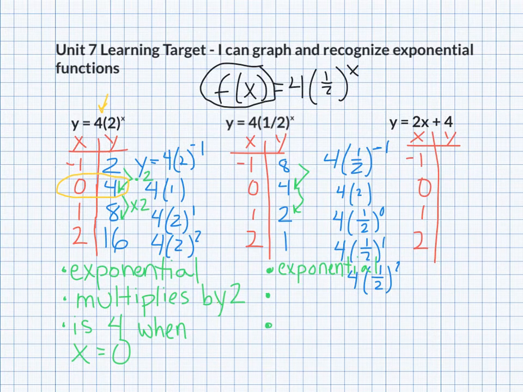Okay, same thing over here on the third one. So if I take 2 times -1 plus 4, well, that's -2 plus 4, that's 2. 2 times 0, 0, plus 4 is 4. 2 times 1 plus 4, that's 2 plus 4 is 6.